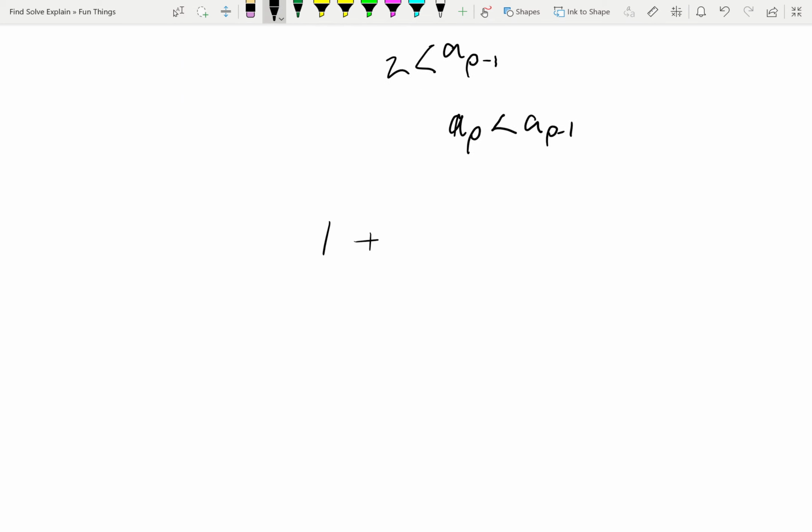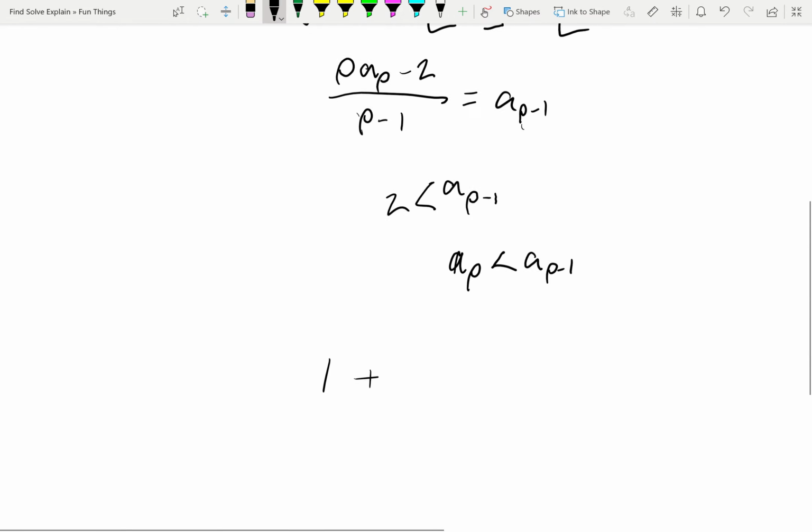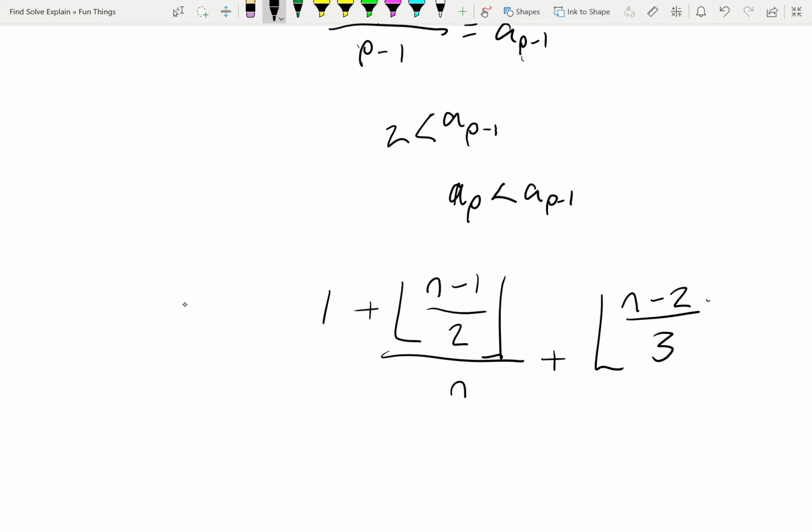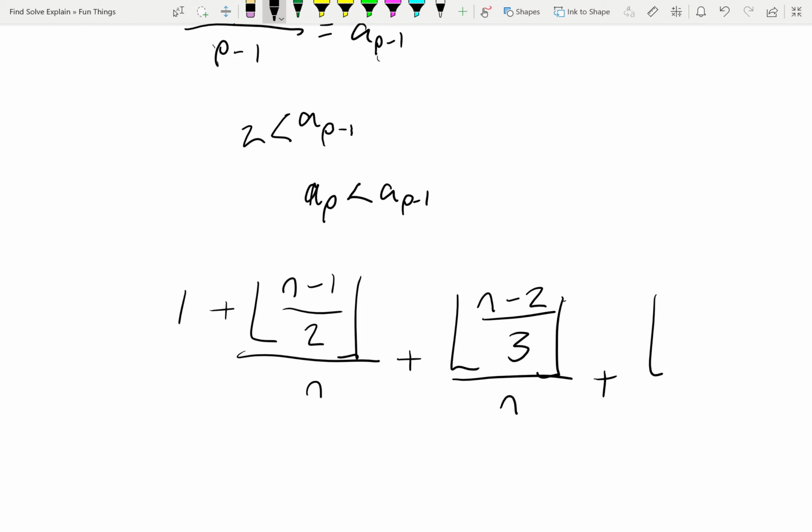In the worst case possible, we have 1 plus n minus 1 over 2 over n, plus n minus 2 over 3 over n, plus n minus 3 over 4 over n.